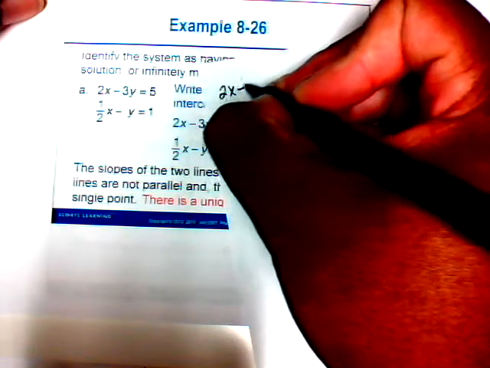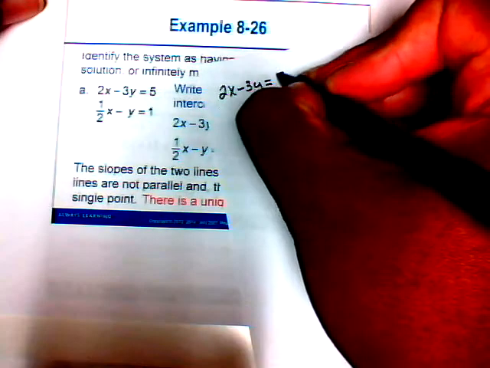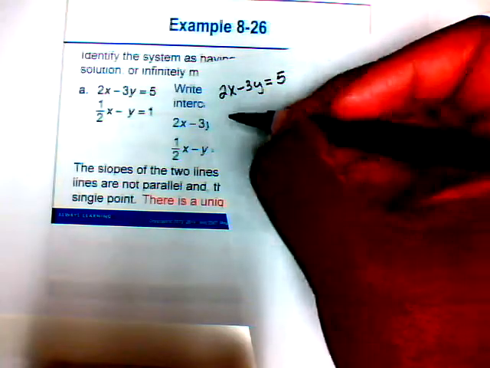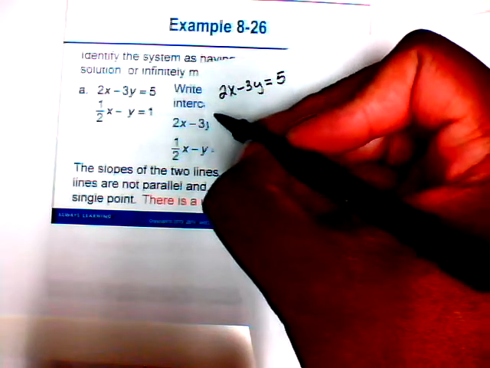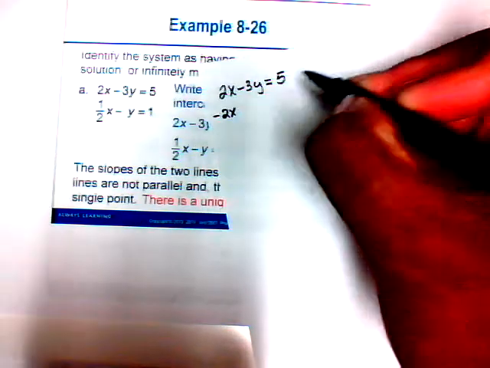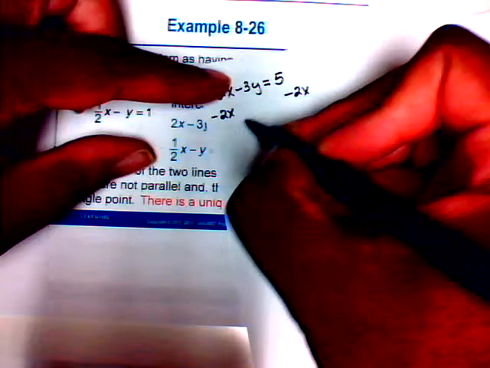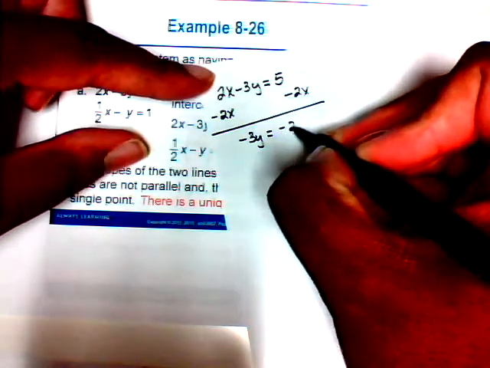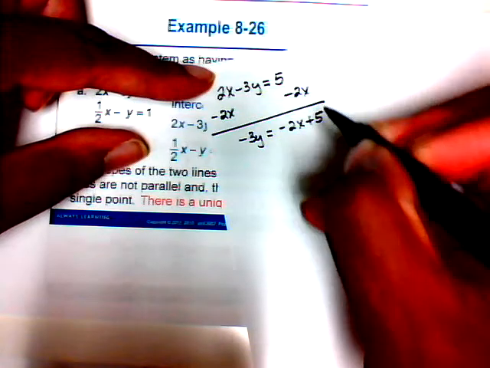I'm going to start off with 2x minus 3y is equal to 5. Now, to write an equation in slope-intercept form, you want to get the y by itself. So that means you want to subtract 2x on both sides, which means you're going to have negative 3y equal to negative 2x plus 5.